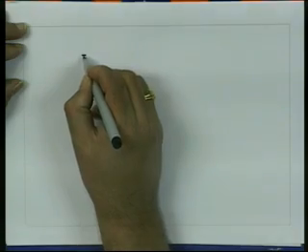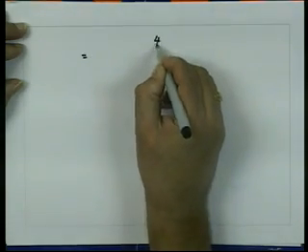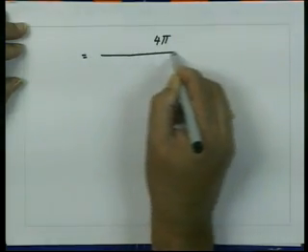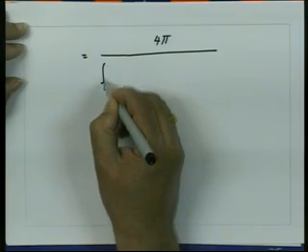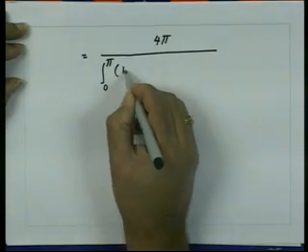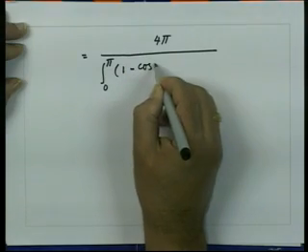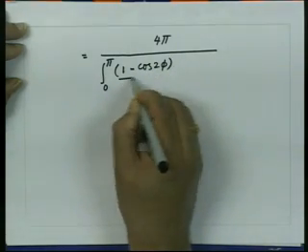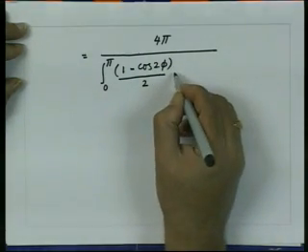So, the two integrations can be written as 4 pi, integral from 0 to pi, 1 minus cos of 2 phi upon 2 d phi.